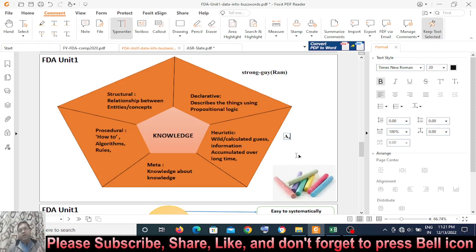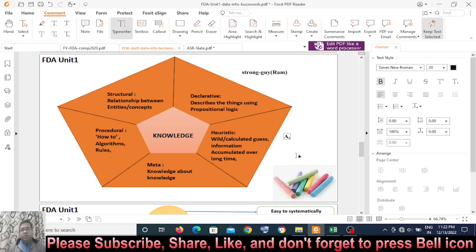This is actually the knowledge behind the knowledge. So a database is information or knowledge, and a database management system is the meta knowledge because it controls the entire database systems.